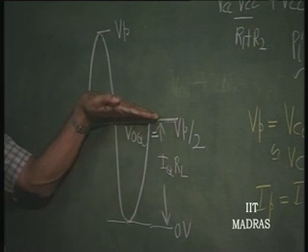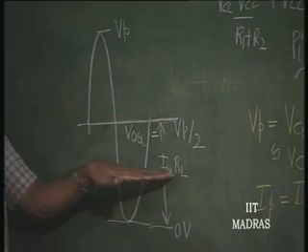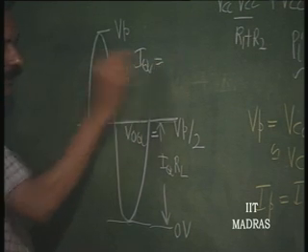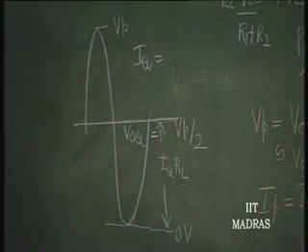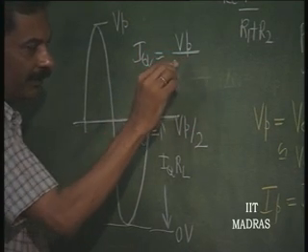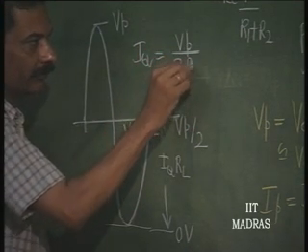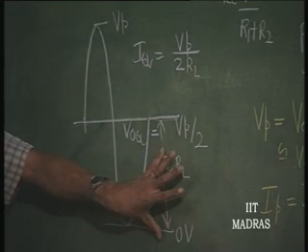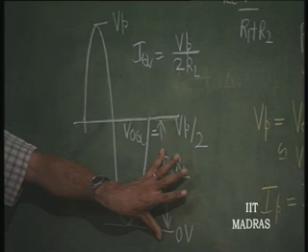So, V naught q is V p by 2 and I q R L is equal to that, so I quiescent is already fixed for the best operation as V p by 2 divided by R L. This is because I q into R L is now V p by 2.